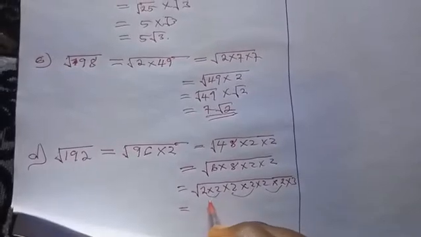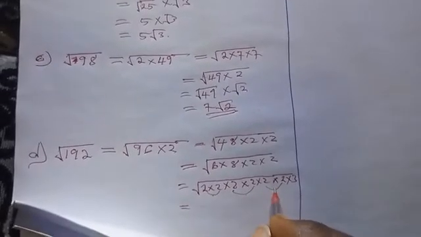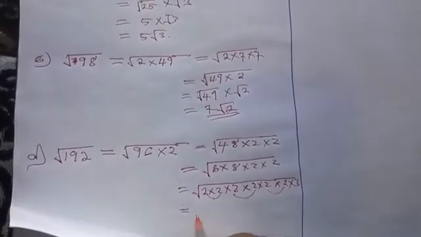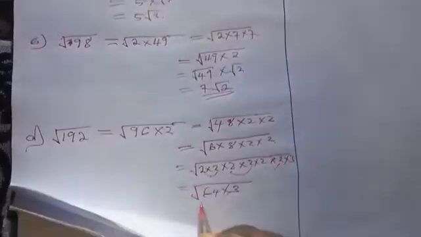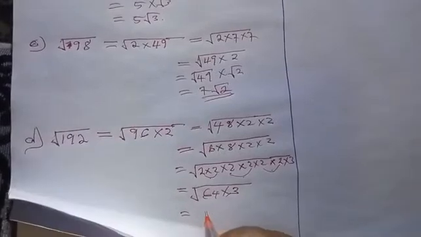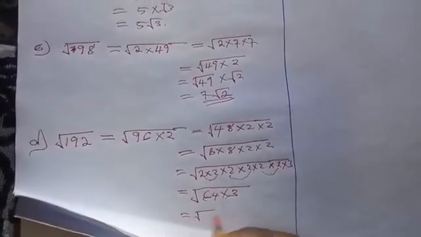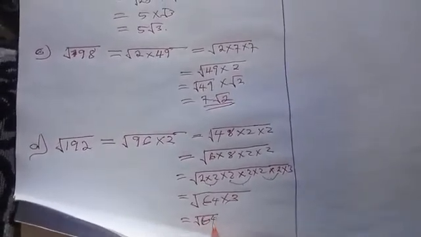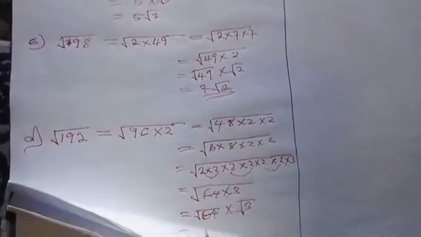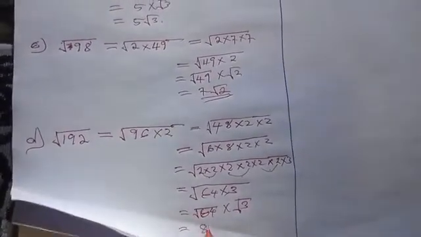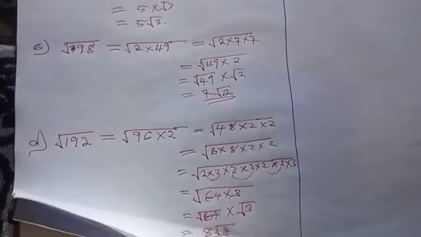And so we have 4 times 4 times 4 here. That would be 64. So that means that we can have 64 times 3. I'll break it down. 64 times root 3. And so this becomes, what is the square root of 64? Is 8. 8 root 3.